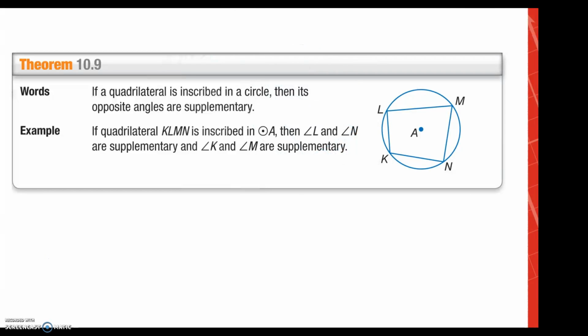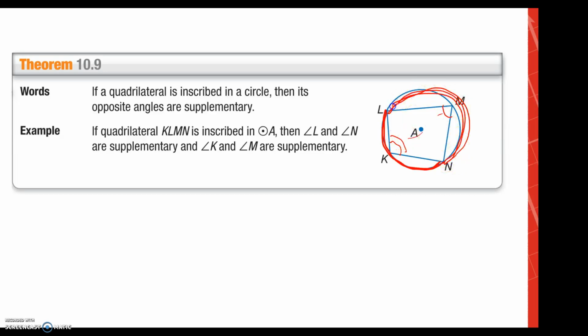Same thing there. And the last thing we want to talk about is a quadrilateral. So if I have a quadrilateral inscribed in a circle, so all of the vertices are on the edge of the circle, then its opposite angles are supplementary. And the reason is, notice angle M, its intercepted arc is NL, and angle K, the opposite angle, its intercepted arc is NL.